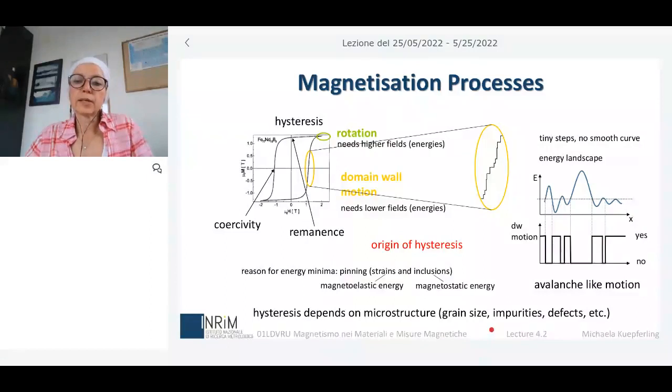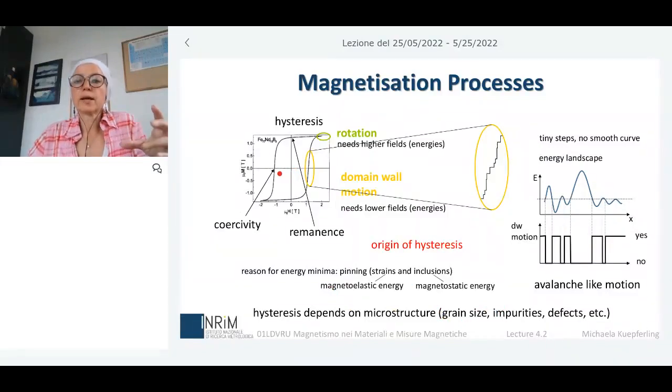So hysteresis is in part formed by the material itself. For example, saturation magnetization will be completely determined by the material that you have. But other properties are determined by the microstructure. For example, coercivity is very much determined by microstructure.